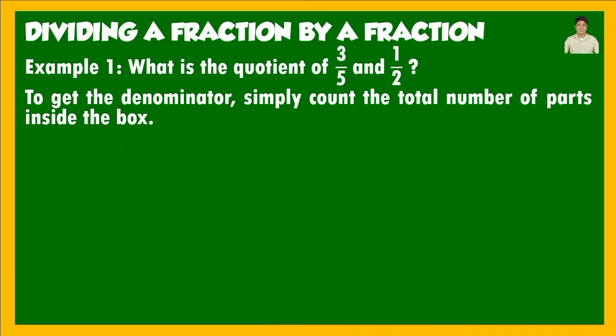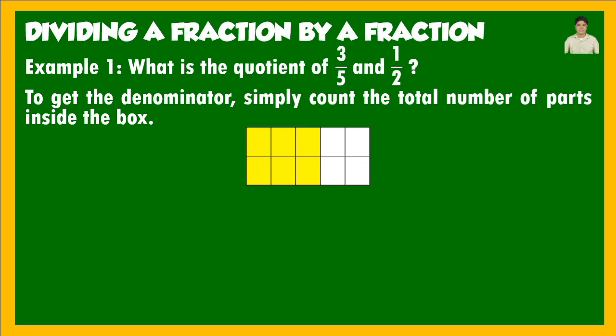So, finally, to get the denominator, simply count the total number of parts inside the box. Ayan. So, yung ating binilugan po, bibilangin lang po natin yung box or parts. We have 1, 2, 3, 4, 5. Now, what is the quotient of 3/5 and 1/2?